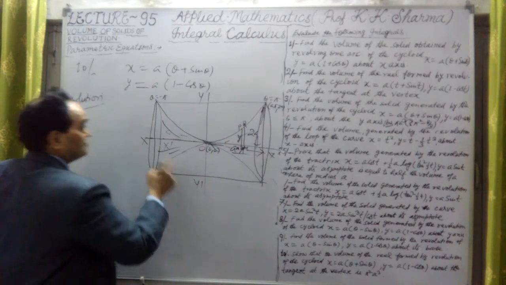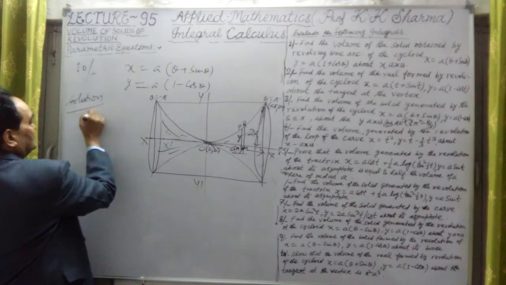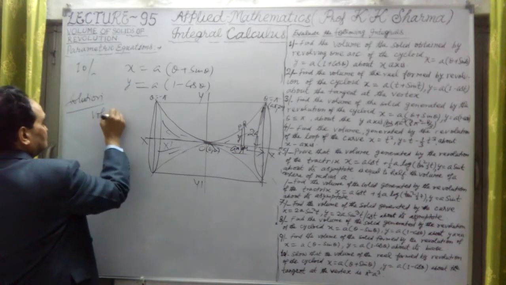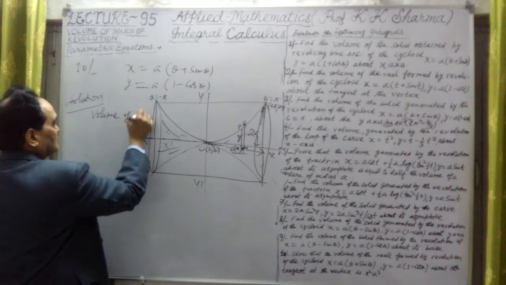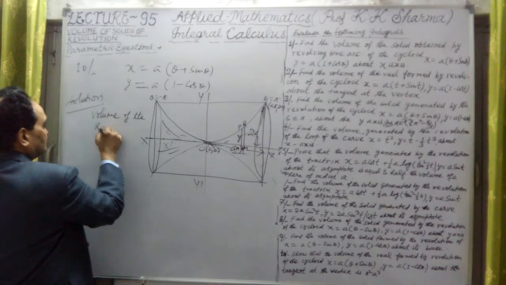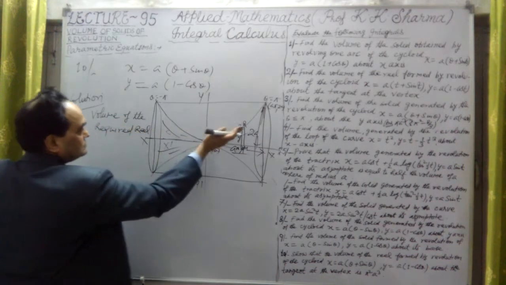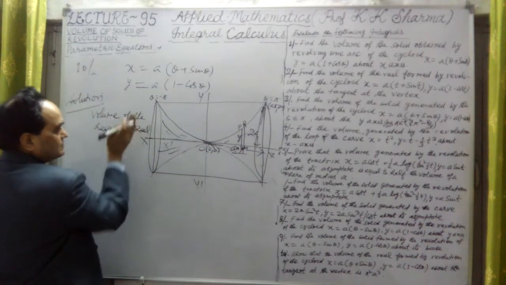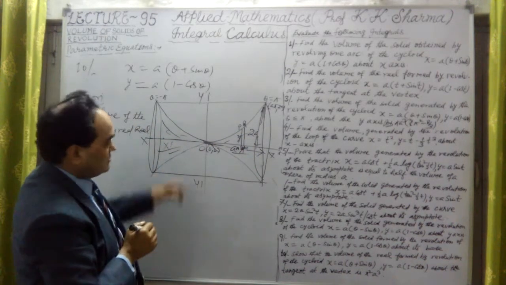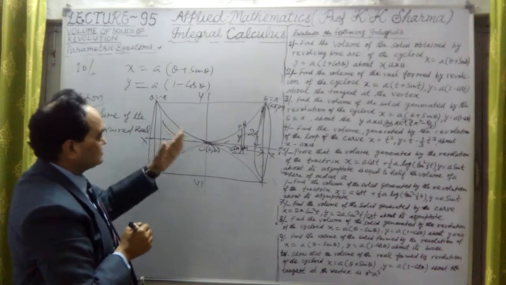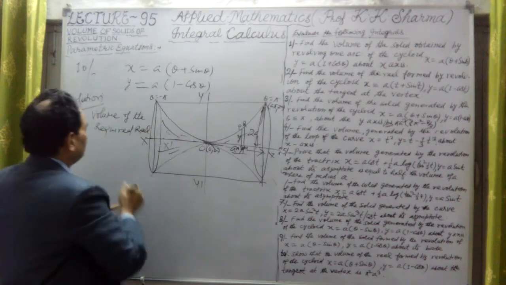So the volume of the required reel: the limits will be 0 to pi, twice, or minus pi to plus pi.